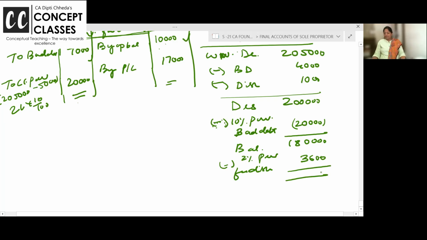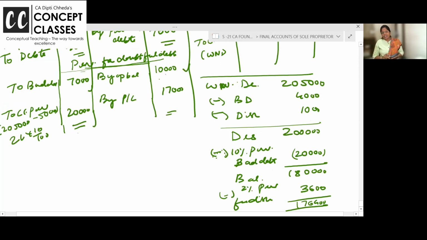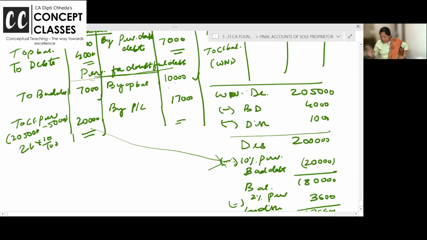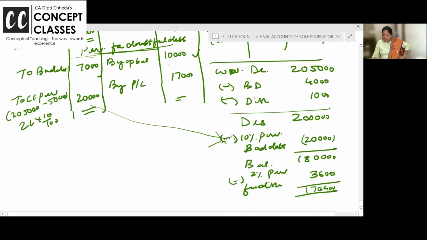This is how your debtors account will appear in the balance sheet. Debtors is 2,05,000, but after bad debt and discount, minus. Now your debtors is 2 lakh, but the provision you have created now is 20,000. I hope you all are writing as I am dictating. If you have not written working note 1, ask first. I have not yet adjusted the ledgers. I have not yet written the journal entry also.